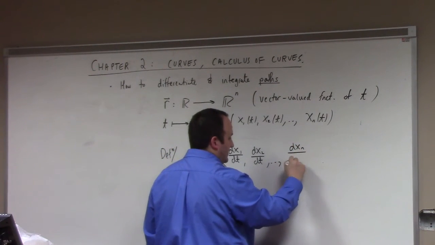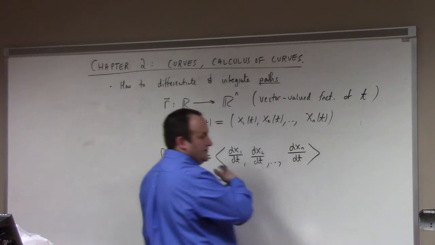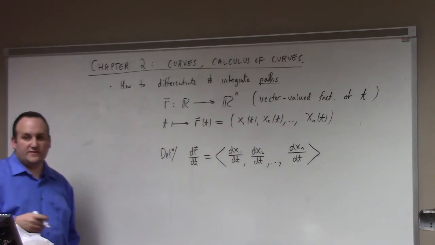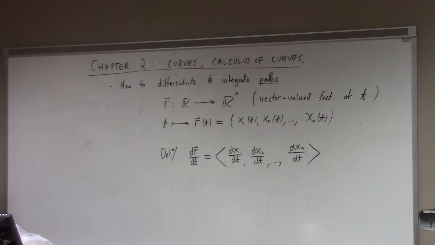This is good for as many dimensions as you have. If you've got 2 components to the path, you differentiate 2 components. If you've got 3, you differentiate 3. But it's the same: 2 dimensions, 3 dimensions, 4 dimensions, whatever. That's the derivative. We just differentiate component-wise.